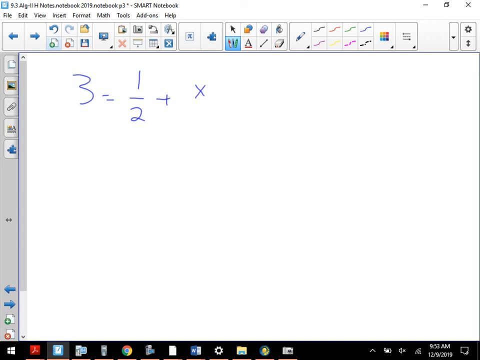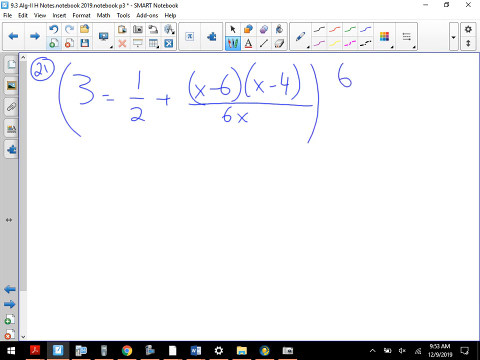That'd be minus 6 minus 4. So the common denominator here is just going to be the 6x. Okay. 21. So I multiply everything by 6x.